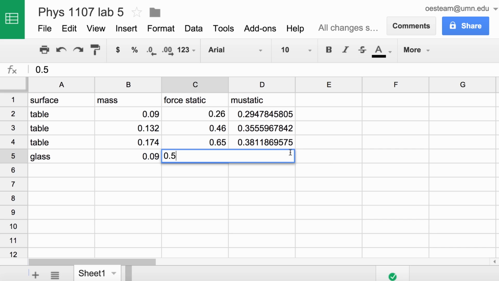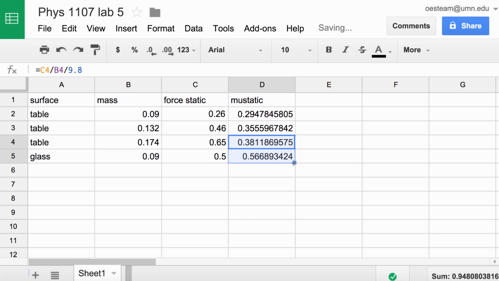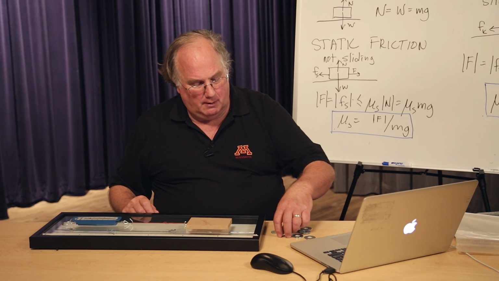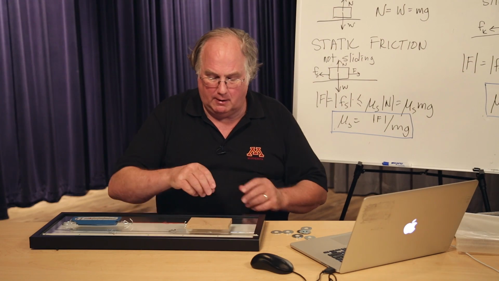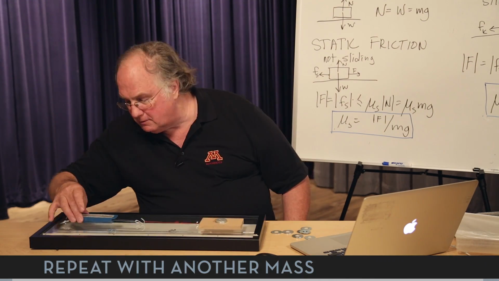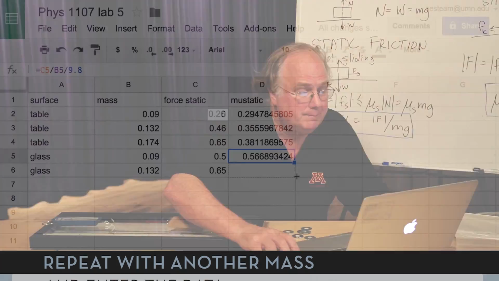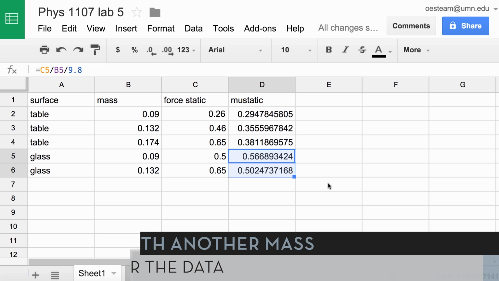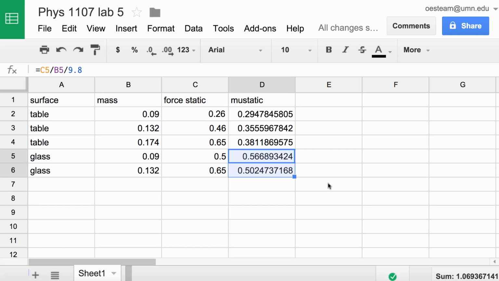And what does that give me for mu static with glass? I get 0.56. This is actually a bit worse than the table. Let's try a few washers on it and see what happens. I get 0.50. So I'm getting higher numbers with the glass. The glass friction coefficient is actually a bit higher than the table was.